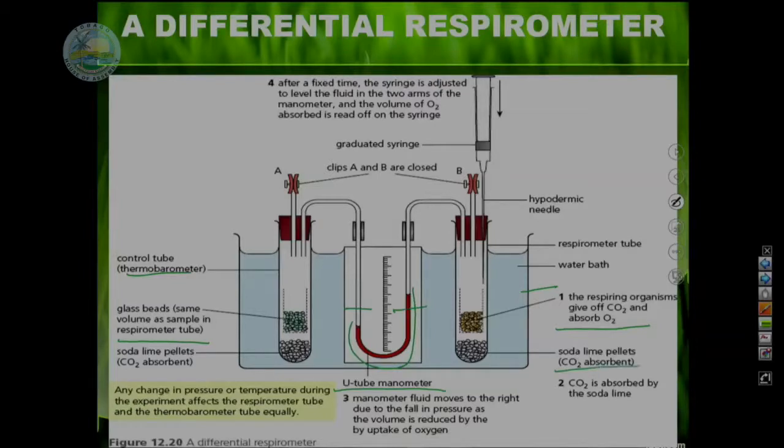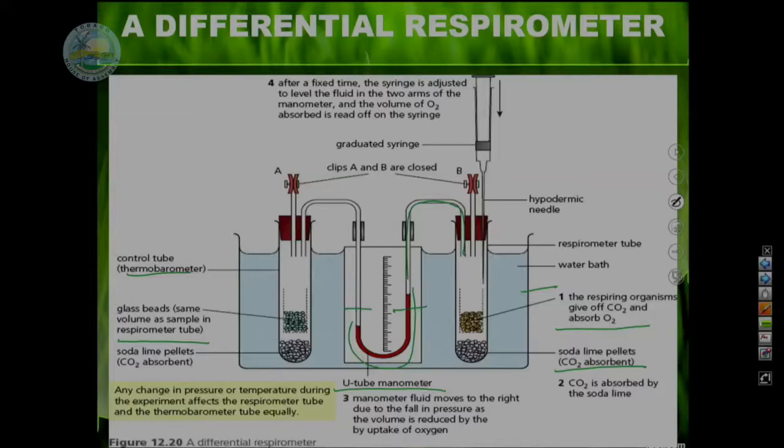The soda lime will absorb the carbon dioxide, and so once they are respiring, they have to get their oxygen from somewhere. This is closed off at this point, so that the only place they can get oxygen would be from within this tube. And so this liquid will move in the direction where respiration is taking place.